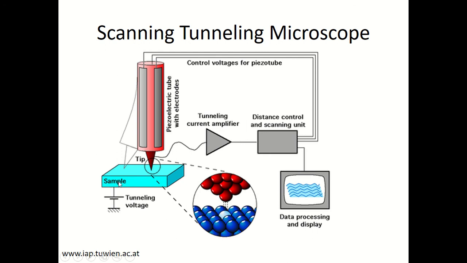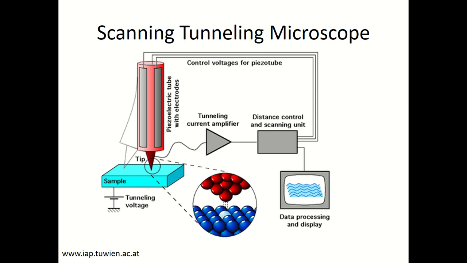If voltage is greater than 0, then electrons tunnel from tip to sample. If voltage is less than 0, then electrons tunnel from sample to tip.